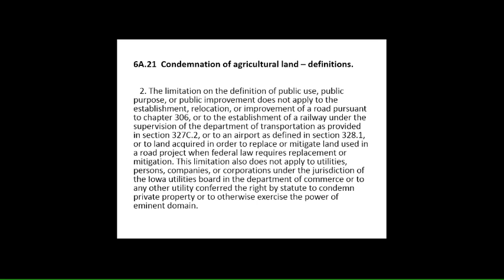Which brings us to, okay, you're outside the city. Now what? Well, one of the now-whats is that there is a definition of public purpose that limits the ability of governments, not just cities, governments, to take agricultural land. I point out 6A21.2, the last sentence, to you: that limitation does not apply to municipal utilities.